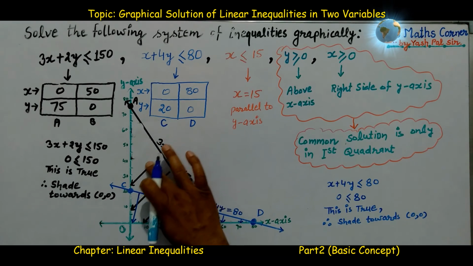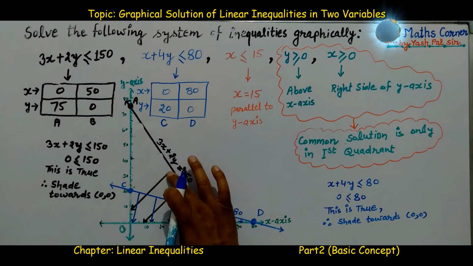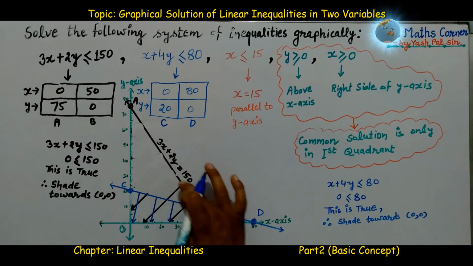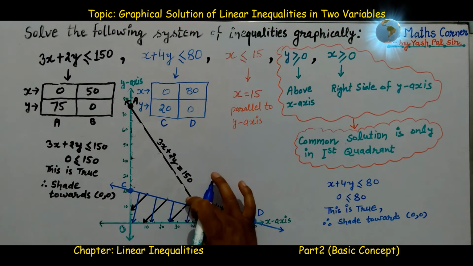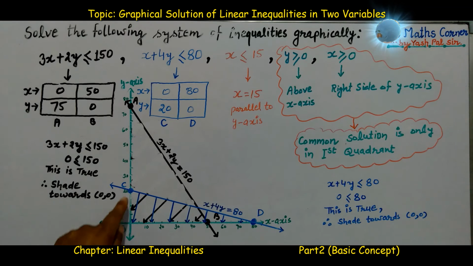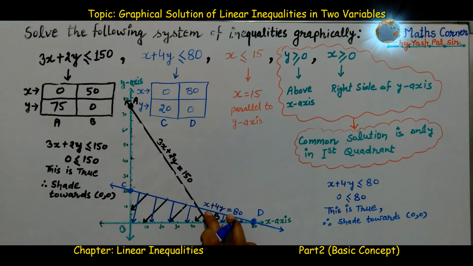These arrows are erased as only the common solution is to be considered, right? Only this portion. Likewise here also, this is not common, so we erase this part.